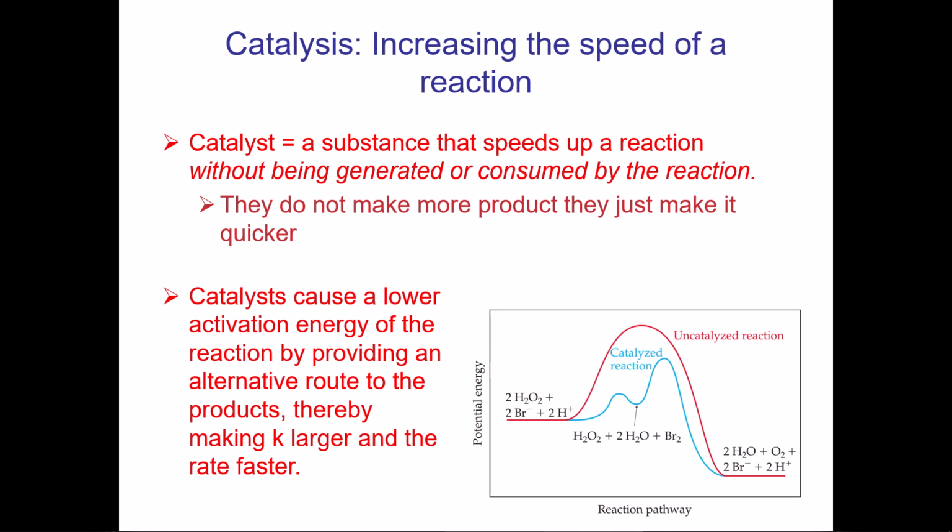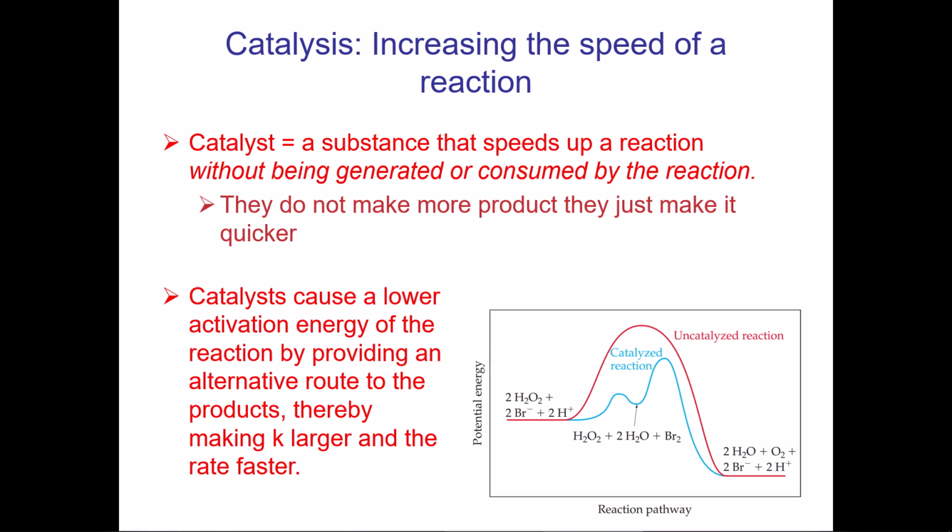So if you remember, the height of the activation energy on our graph, or the extent of activation energy, really can determine how slow our reaction is. The larger the activation energy, the slower it's going to go. So if we can come up with a pathway that has a lower activation energy, our reaction will go faster. So that's what a catalyst does. It provides a second route to our products that has a lower activation energy.